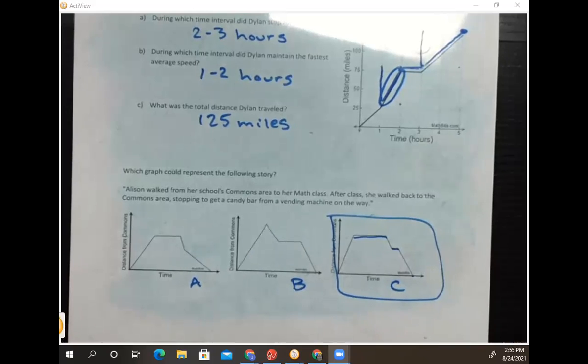Okay, very good. Okay, I would like you now to please put away everything besides a writing utensil. You have a short quick check over graph stories.